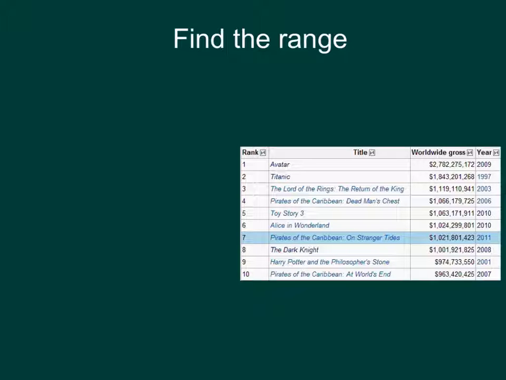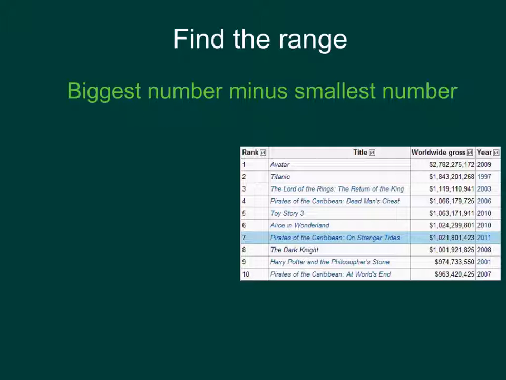The last thing we're going to look at here is finding the range of a set of numbers. What I've got here is the highest grossing movies. I don't know if this is accurate, but when it says the highest grossing movies, that's the money made. When we find the range of a number, we're going to do the biggest number minus the smallest number.